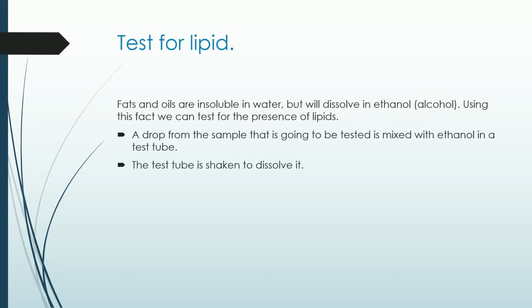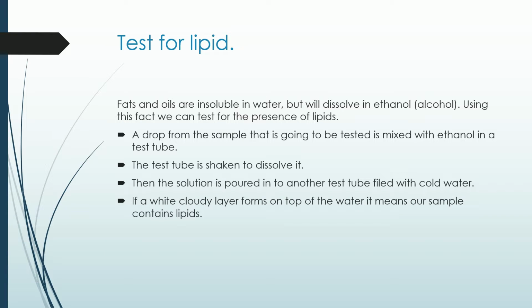Then the test tube will be shaken to dissolve it. The solution is poured into another test tube filled with cold water. So you take the solution of the sample and the ethanol, and you pour it into another test tube with cold water. After that, if a cloudy white layer forms on top of the water, it means our sample contains lipids.